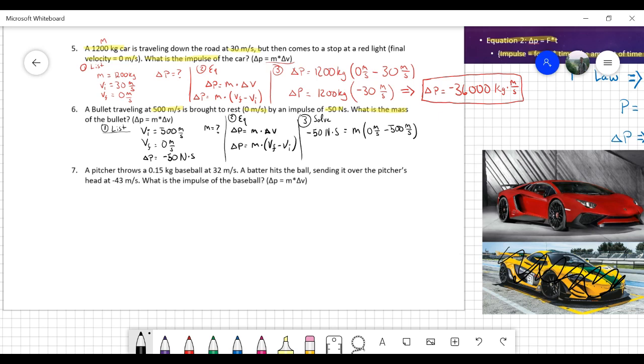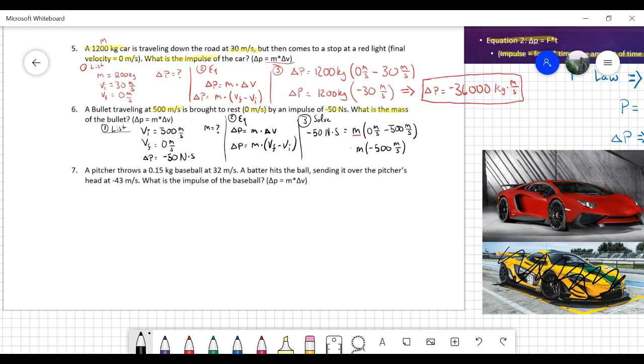So take 0 minus 500, because remember, our target is m, we need to get it by itself, but before doing anything fancy, we should just make this more simple. Anything inside the parentheses should go first. So 0 minus 500 gives you negative 500. The units are identical and we're subtracting, so they don't change.